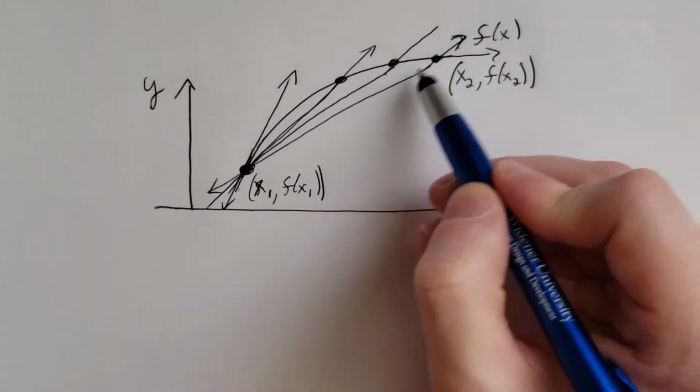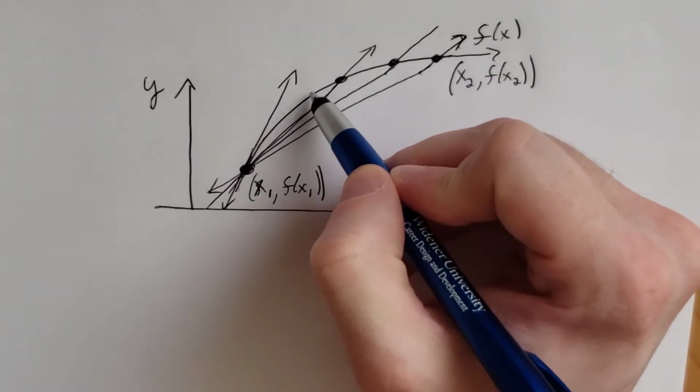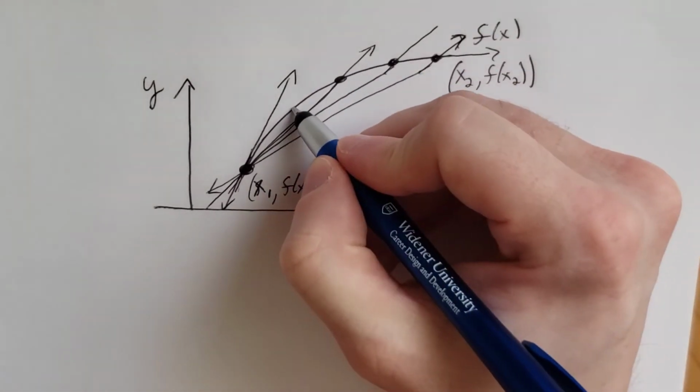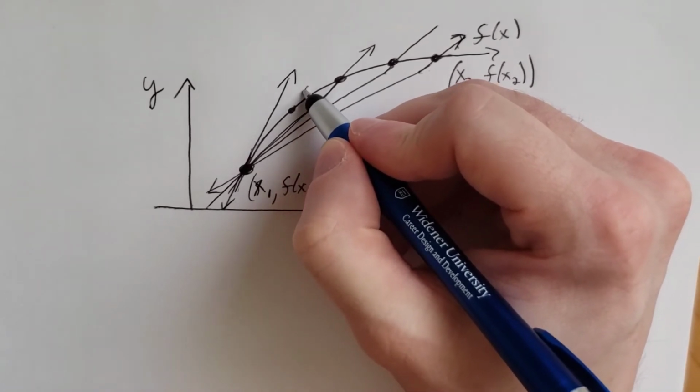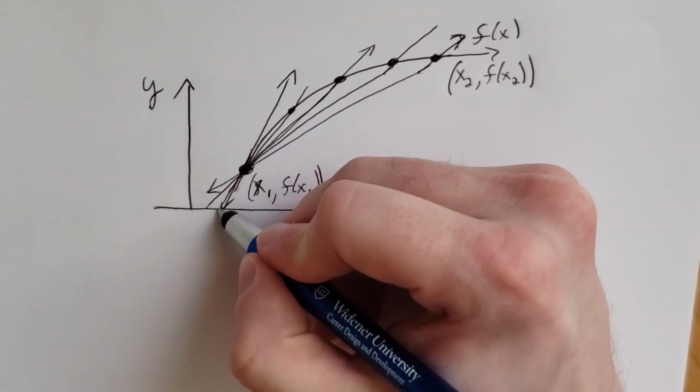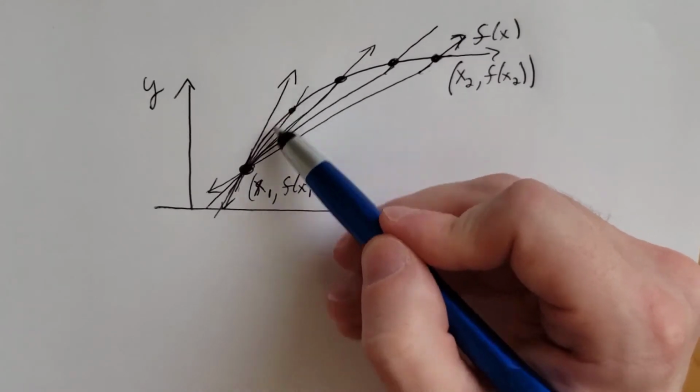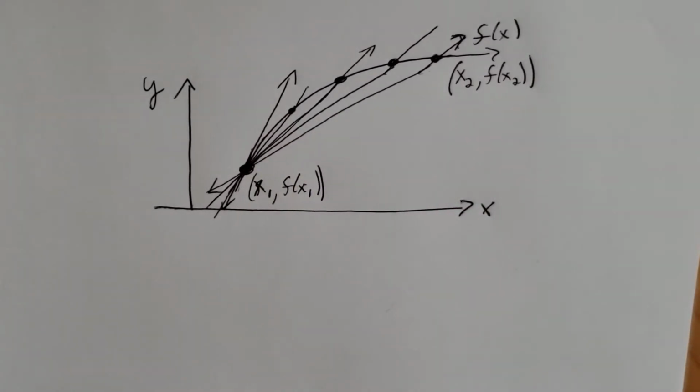So the slopes of these secant lines approach the slope of the tangent line, right? As we make new secant lines, the slopes of these secant lines get closer and closer to the slope of that original tangent line. So we do have an idea here of how we can calculate the slope of that tangent line via these slopes of these secant lines.